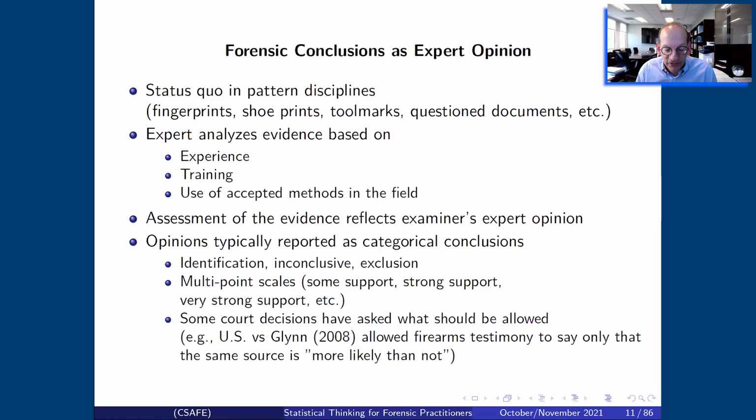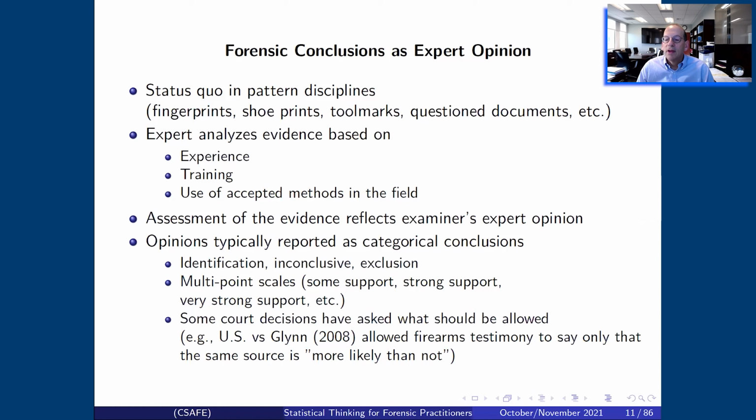There are some discussions and some movement in some disciplines towards multi-point categorical scales that would talk about, there's some support for same source, there's strong support for same source, and the like. And as you all know, in some instances better than I, a lot of discussions in different disciplines on what should be allowed.